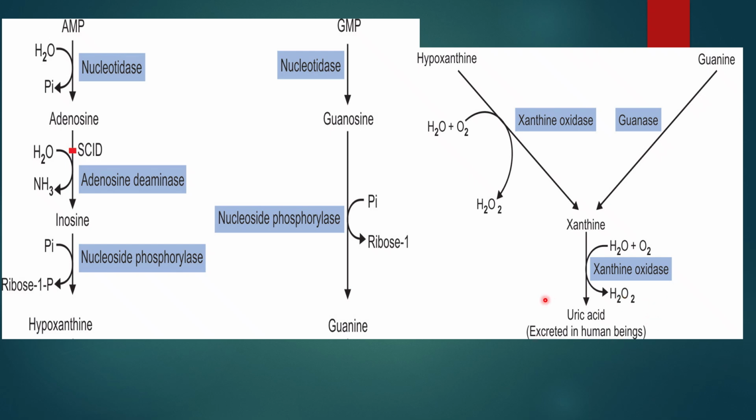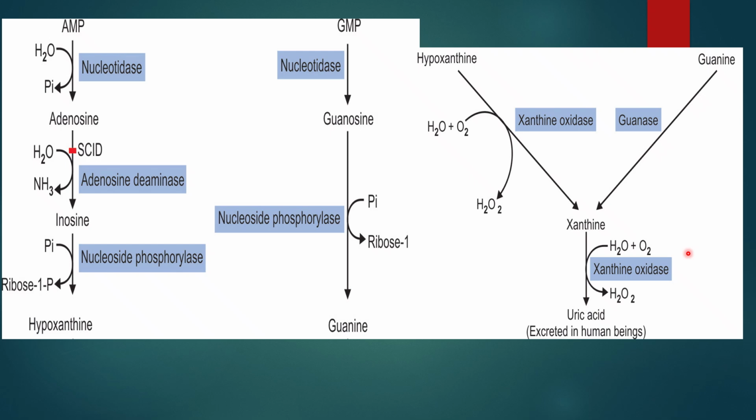Now this uric acid is generally excreted through urine, and in patients suffering from gout there is a special importance of this enzyme. We use some competitive inhibitor against xanthine oxidase, which competitively inhibits the xanthine oxidase activity.